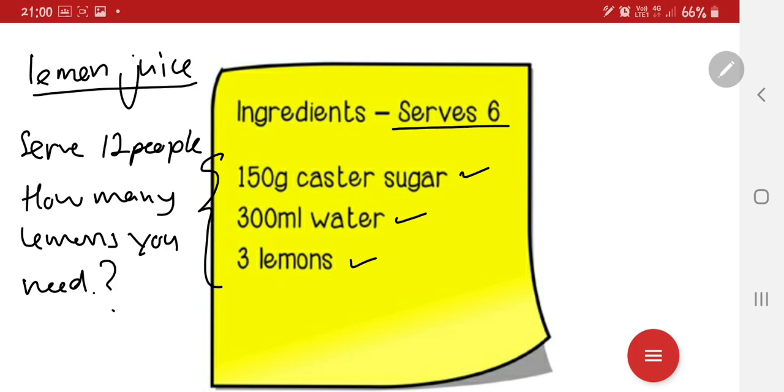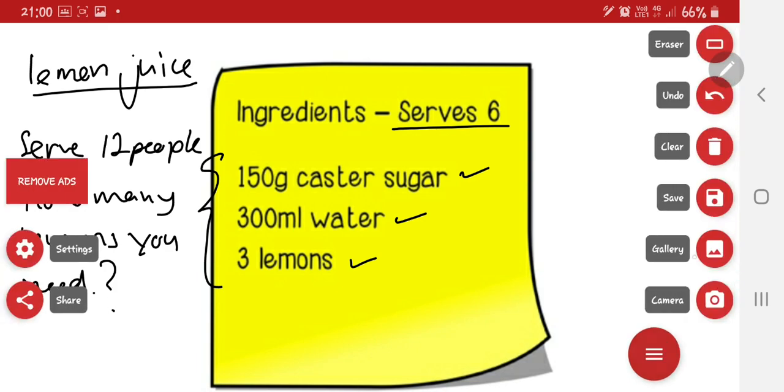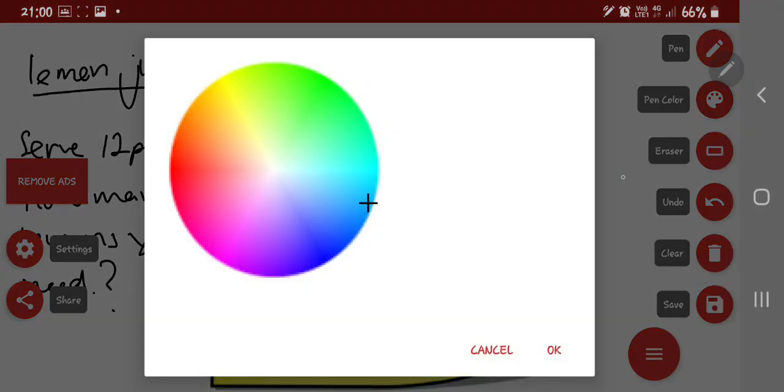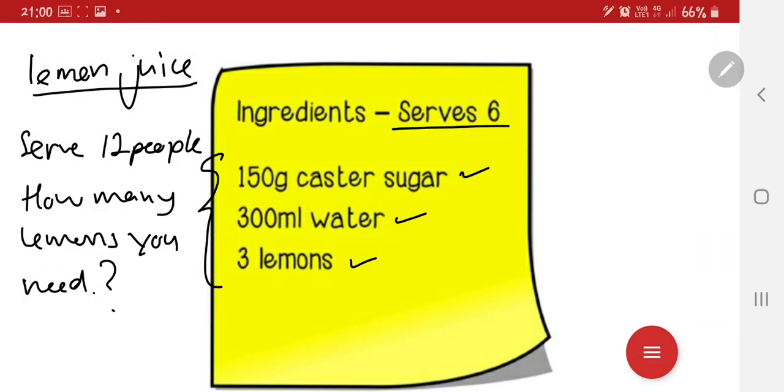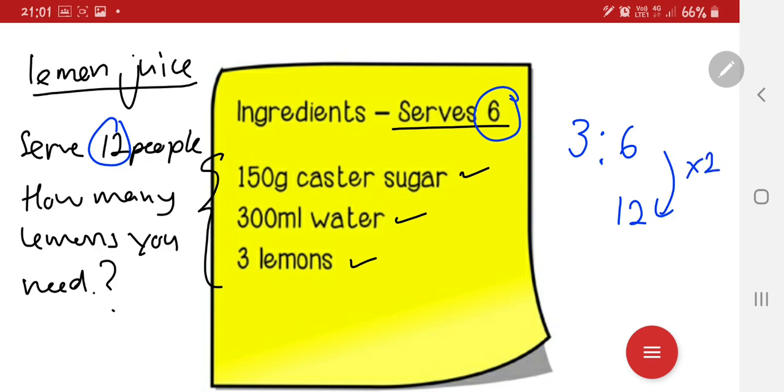Now let's see here. My question was for 12 people, but your recipe is for 6. So it is actually double. 3 lemons are needed to make 6 servings. Now you want to make the serving for 12 people, so you double the value.